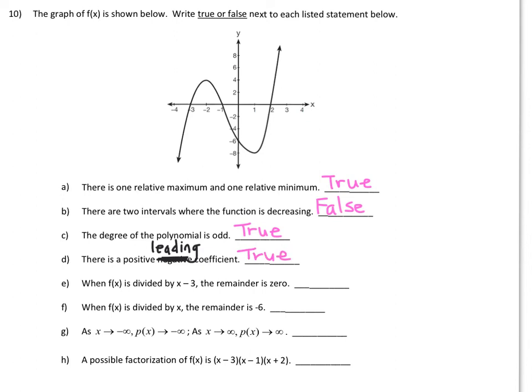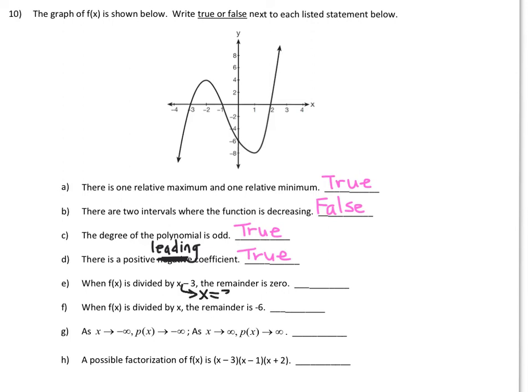All right, letter E. When f of x is divided by x minus 3, the remainder is 0. Okay, if we're dividing by x minus 3, what we want to do is look at the 0 that corresponds with a factor of x minus 3. So if we have a factor of x minus 3, the 0 we're going to be looking at here is x equals positive 3, right?